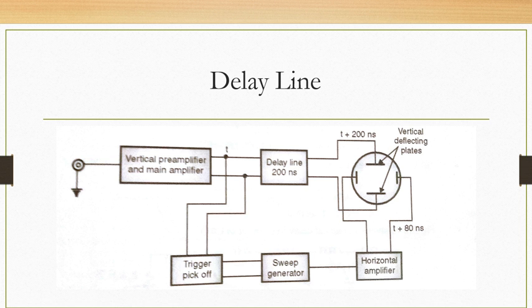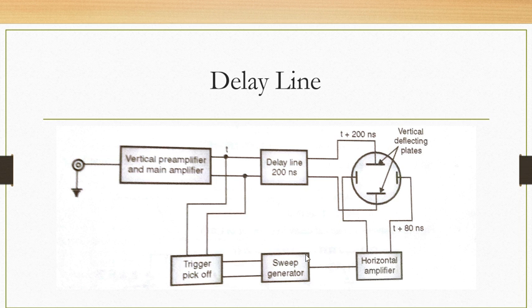Now the time delay which takes place in the horizontal deflection system is generally about 80 nanoseconds. So listen carefully: a time delay of 80 nanoseconds or more should be added in the vertical deflection system, so that the signals are applied at the same time, for synchronizing purposes.